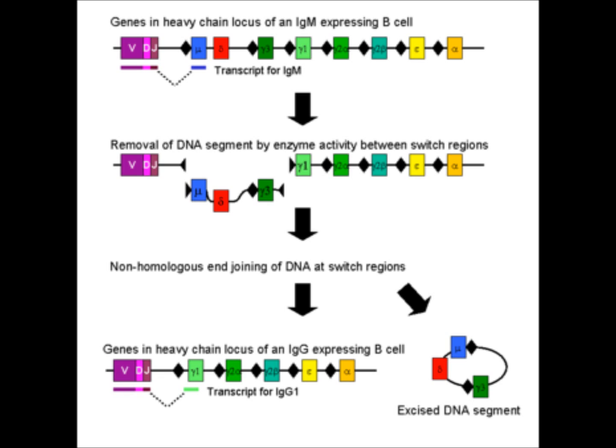So in this initial orientation, transcription of immunoglobulin arises only from the promoter located upstream of the rearranged VDJ and produces only IgM and IgD isotypes.